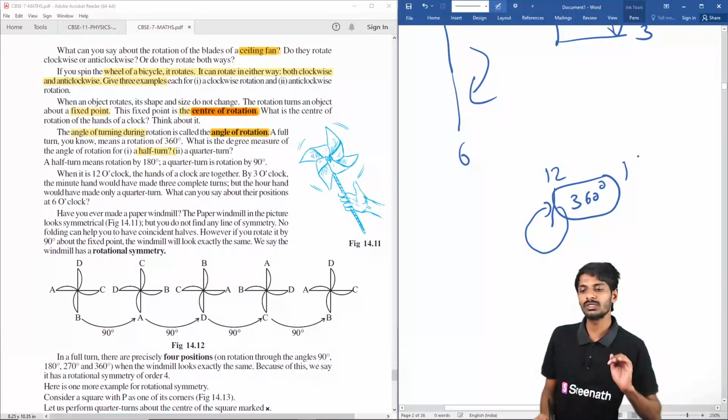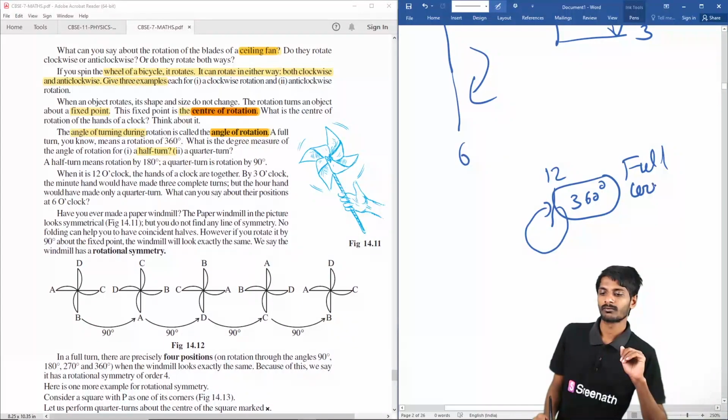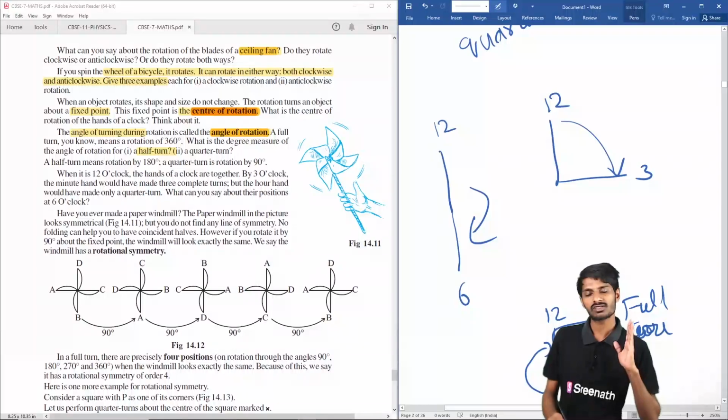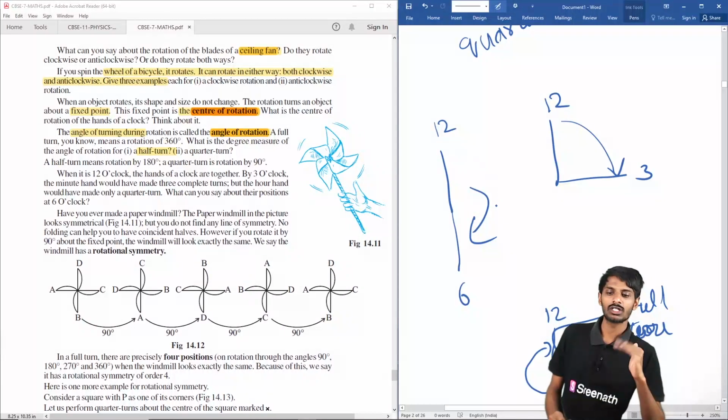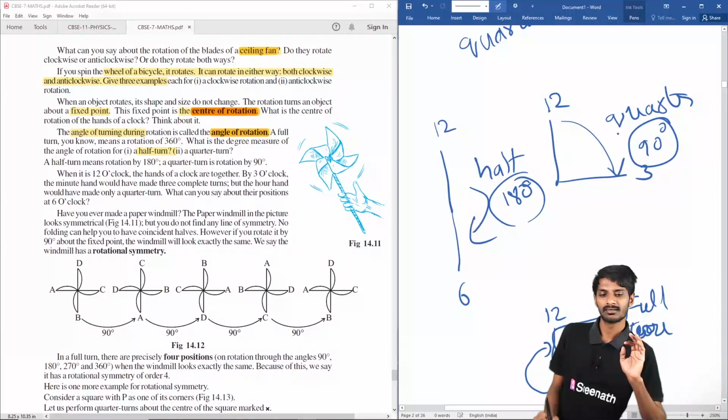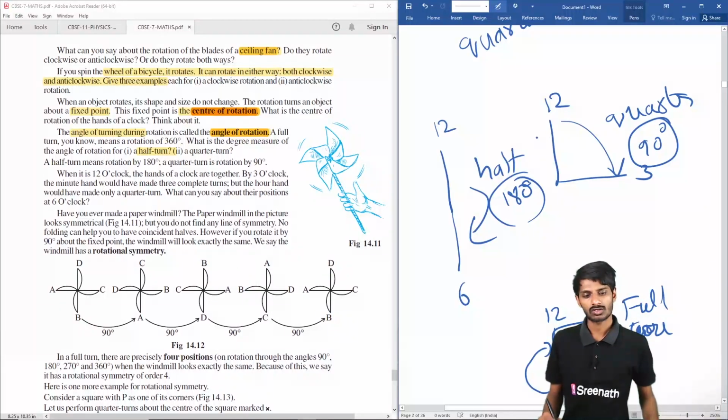And it is a full turn. So if the hour's hand has moved from 12 to 6, how much turn has it taken? Half turn. So how much angle is it? 180 degrees. And for a quarter turn, how much angle? 90 degrees. That is the measurement of the clock, students.